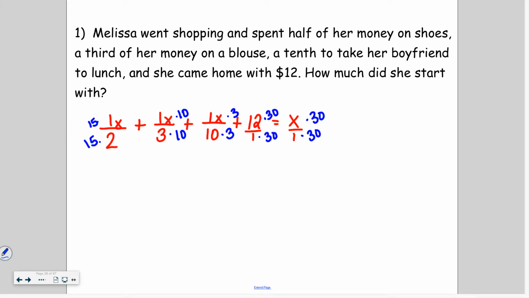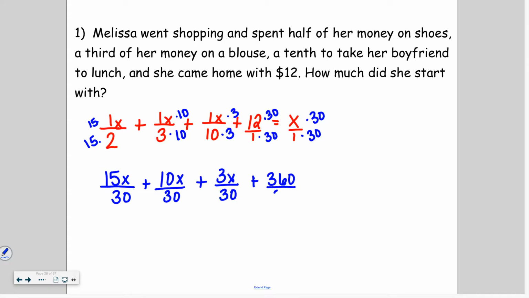So that's going to give me 15x over 30 plus 10x over 30 plus 3x over 30 plus 360 over 30. And that's equal to 30x over 30.